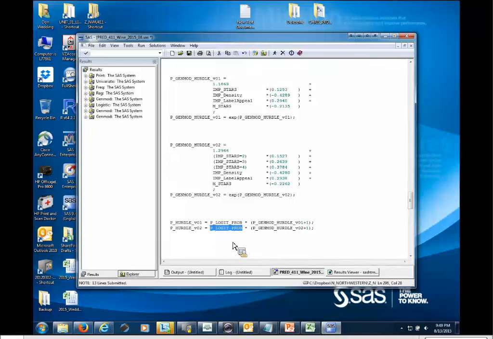So if there is a 1% chance that I'm going to buy 1,000 bottles of wine, then if 100 people walk in the door and each has a 1% chance of buying wine, one guy's going to buy wine and he's going to buy 1,000 bottles. The expected value is 1% of 1,000, which is 10. So that's an expected value.